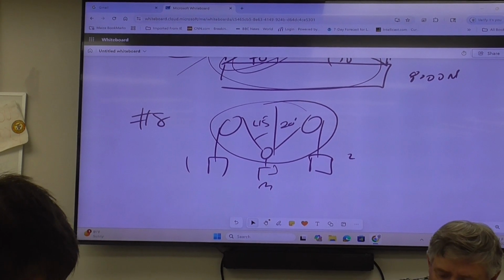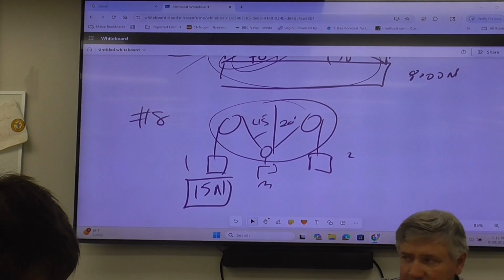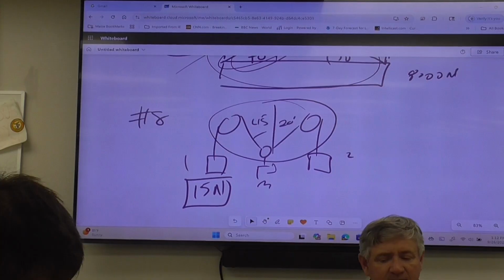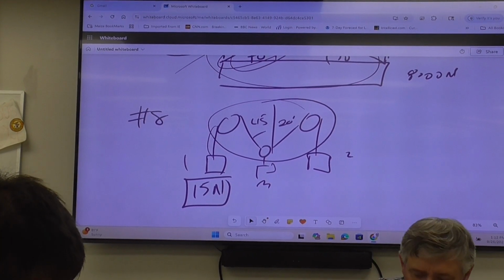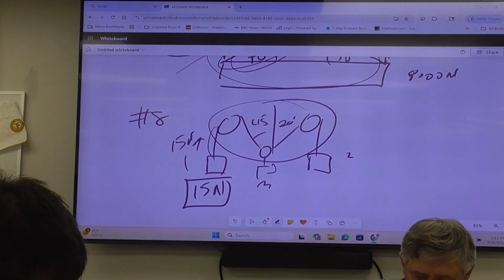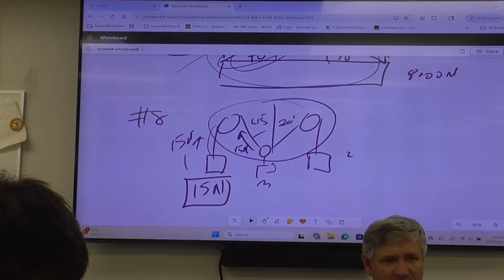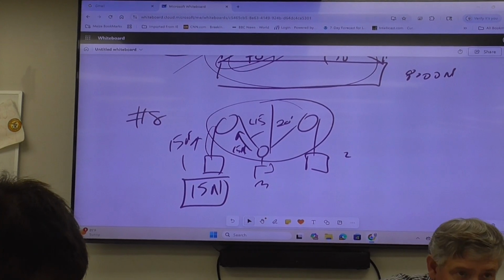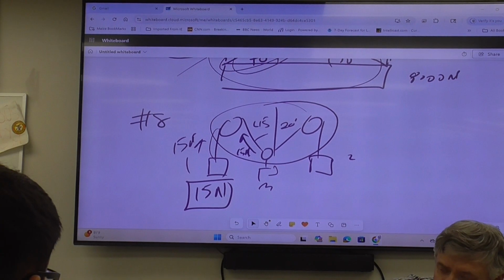So, you're told that block 1 weighs 15 newtons. So what that means is that as long as this is a static situation, the upward force here is also 15 newtons, which means over here, that's also 15 newtons. There's two ways, and this is where this problem becomes similar to the inclined plane problem.